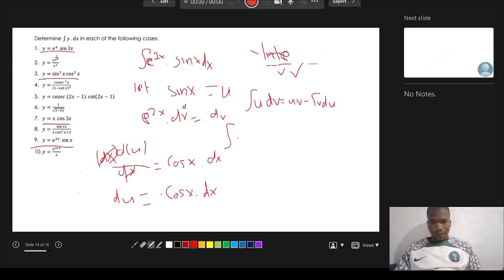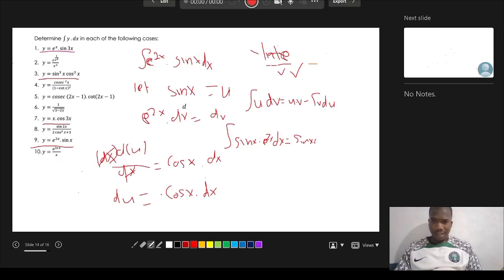So we write down everything. Sine x multiplied by e to the power 2x dx. The value of u is sine x.